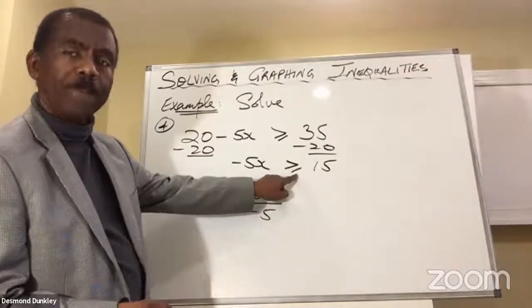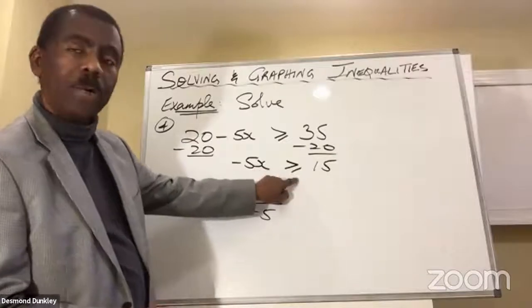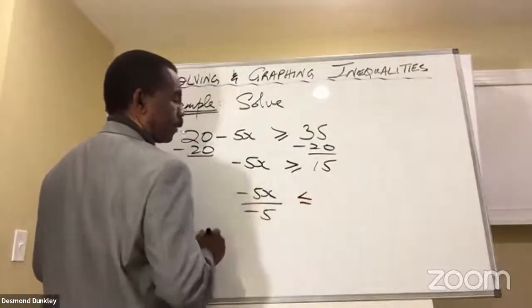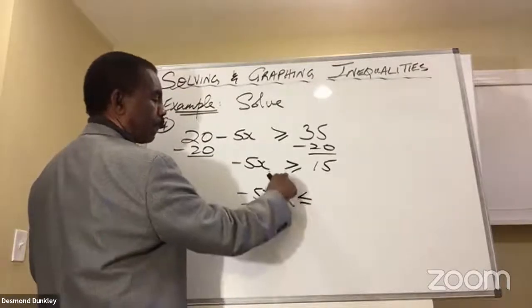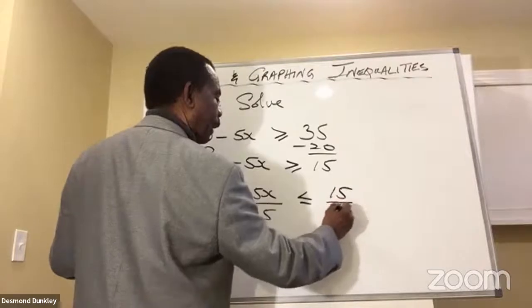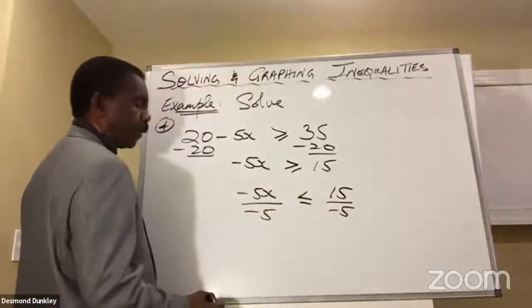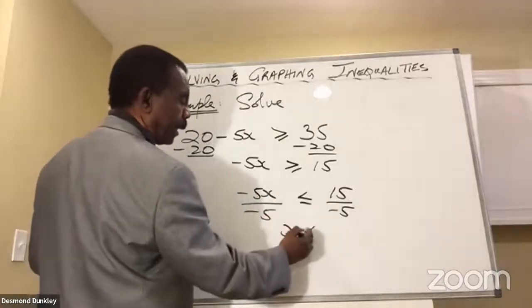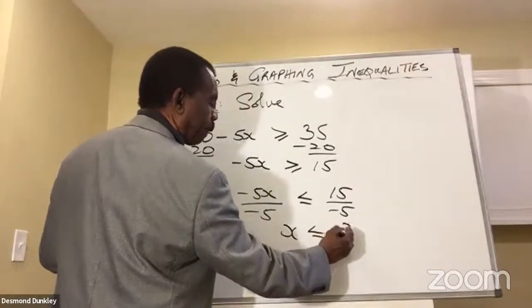So now you need to flip the inequality from greater than or equal to, to less than or equal to. So that's the opposite of this. And then you're going to have 15 divided by negative 5. So what's the final answer? This divided by that, you end up with x less than or equal to negative 3.